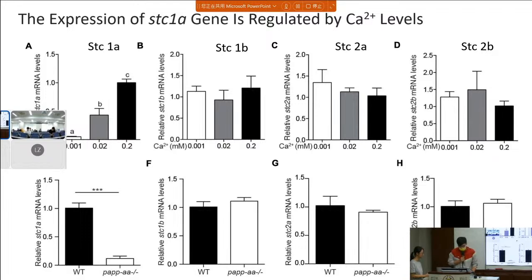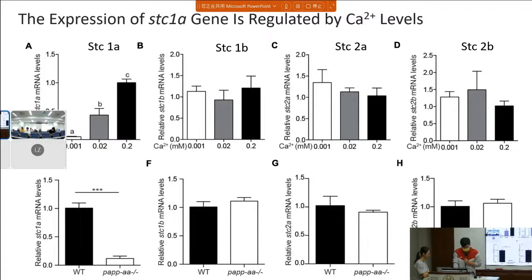Only the mRNA level of STC1 increased with the increased calcium ion concentration, whereas the other STC did not increase significantly. Next, the authors use the PAPP-A homozygous mutant to study the impact of the calcium ion level in the body.